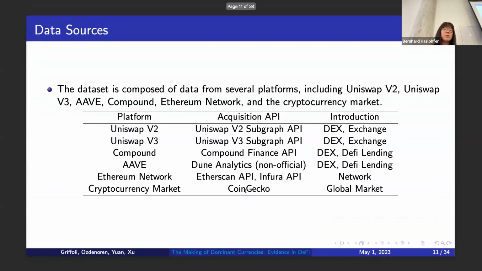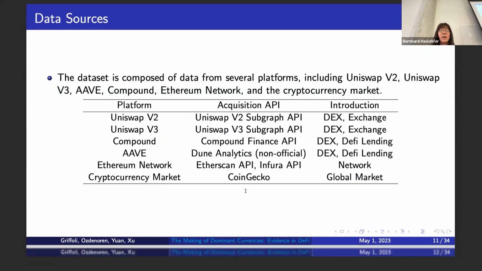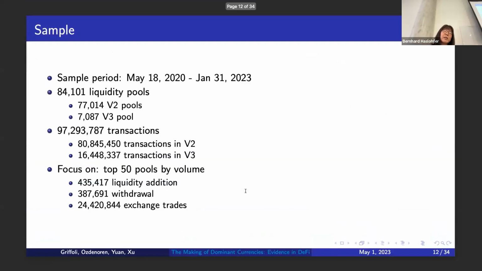Let's look at the data. We collect the data from several platforms: Uniswap V2, V3, Compound, Aave, and the underlying to get the general market data. I want to repeat all these numbers on the slide just to give you an idea.